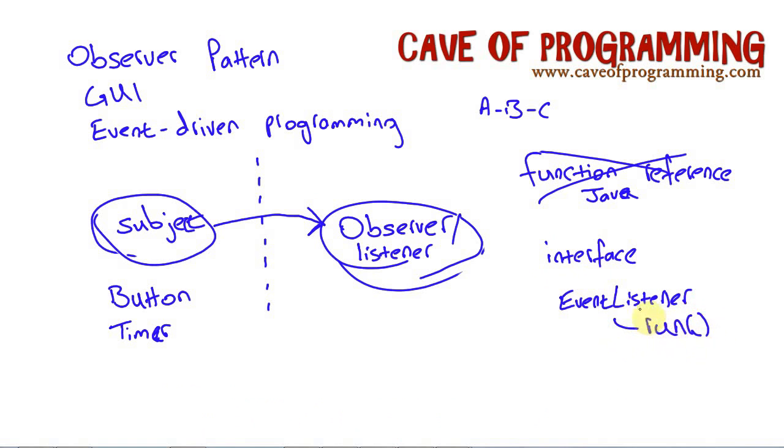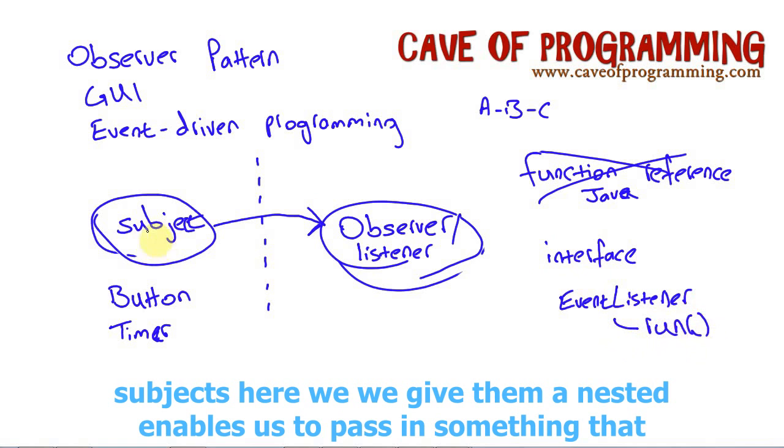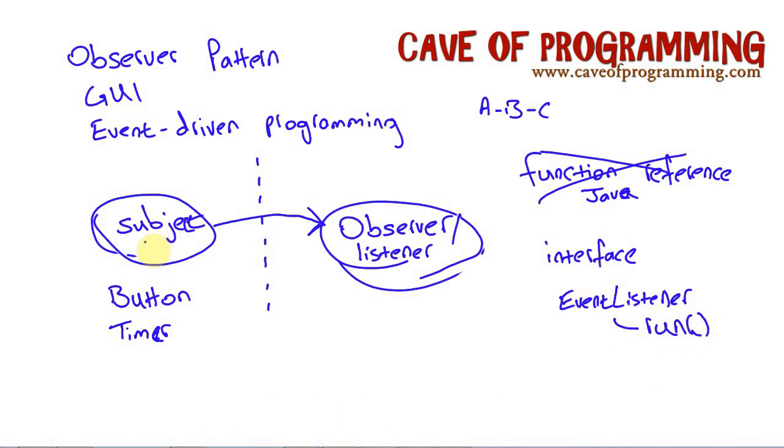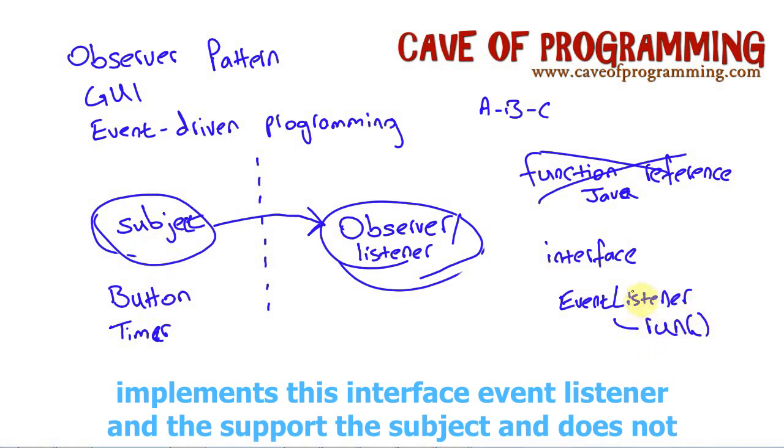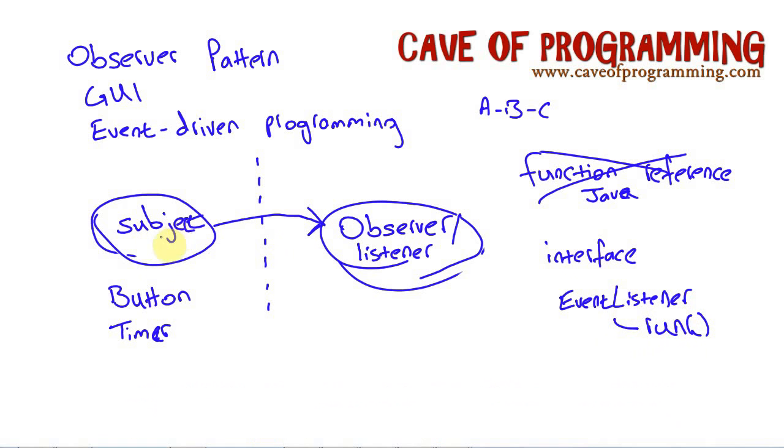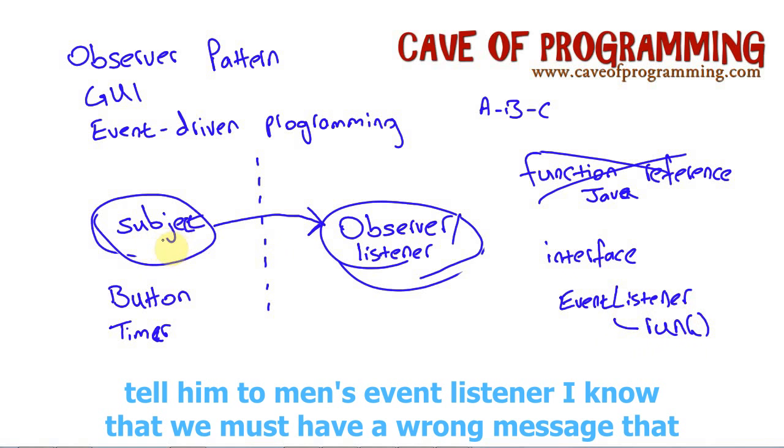Now we make our subjects here, the buttons or whatever, we give them a method that enables us to pass in something that implements this interface, event listener. And what the subject then does is it says, okay, you pass me an object that implements event listener.